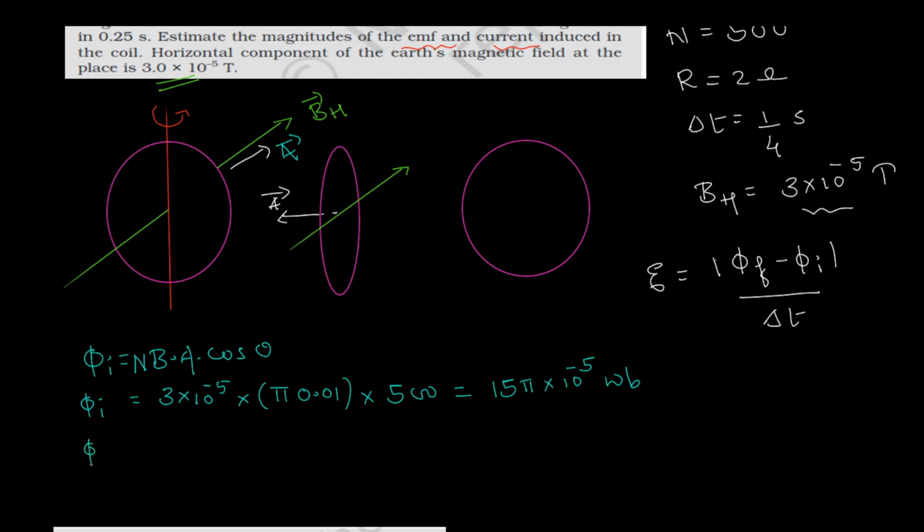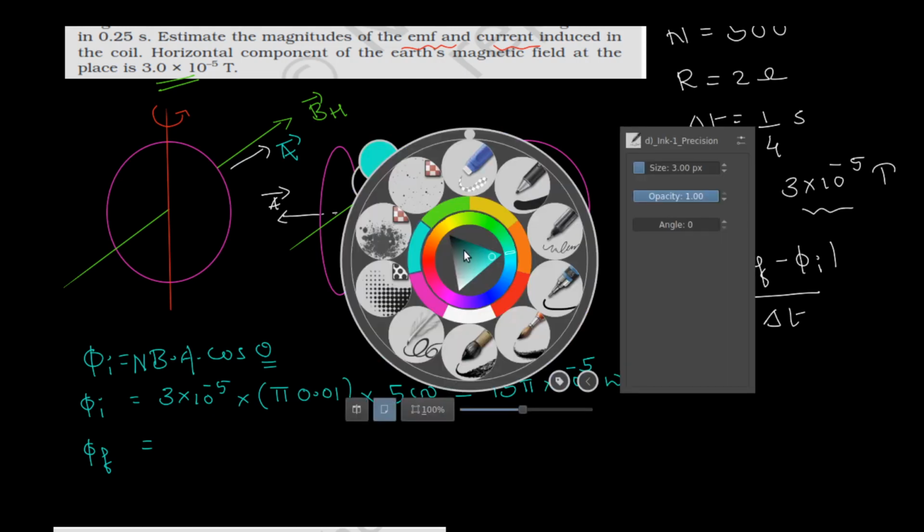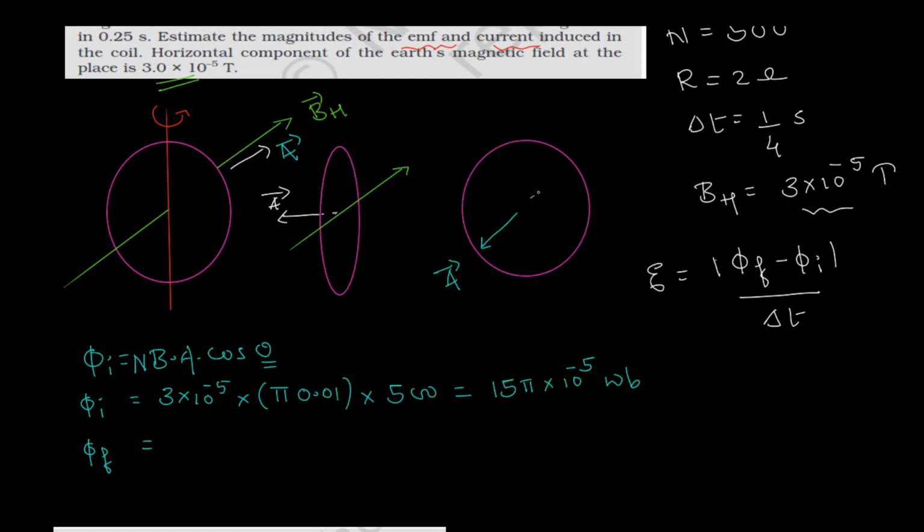Final flux, nothing changes except for cos theta. Earlier theta was 0 and now theta is 180 degrees, because at the end of the journey your area vector is now pointing towards you, and the field vector, the horizontal component of Earth's magnetic field, is still in that direction, and now the angle is 180 degrees.